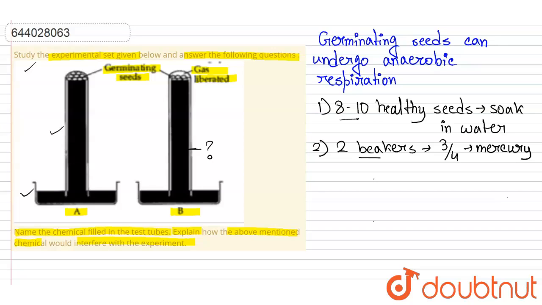Now these seeds should be carefully introduced into the inverted test tubes. The test tube is inverted here. The seeds are introduced in the inverted test tube, and this is done very carefully.